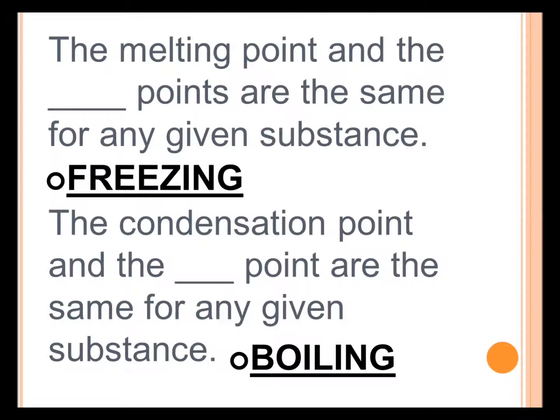So they both exist at the same time. The condensation point and boiling point for each substance will be the same as well. So the temperature at which water boils is 100 degrees Celsius, but that's the same temperature that water vapor will start changing into a liquid.